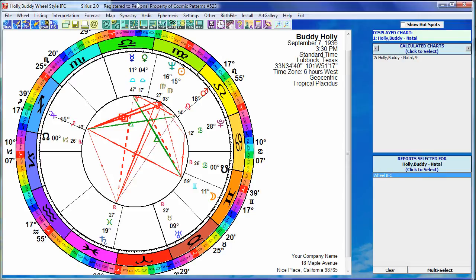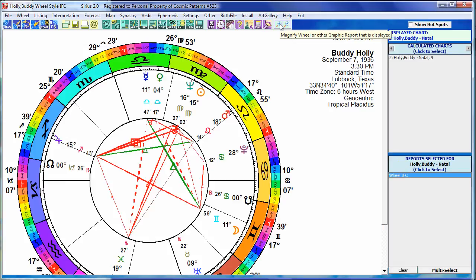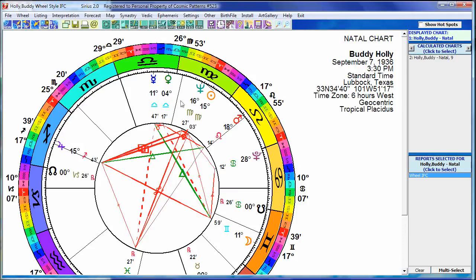For example, Venus. Let's scroll up here to look at this. And I'm going to zoom back in so that you can see this in a little more detail. Okay.